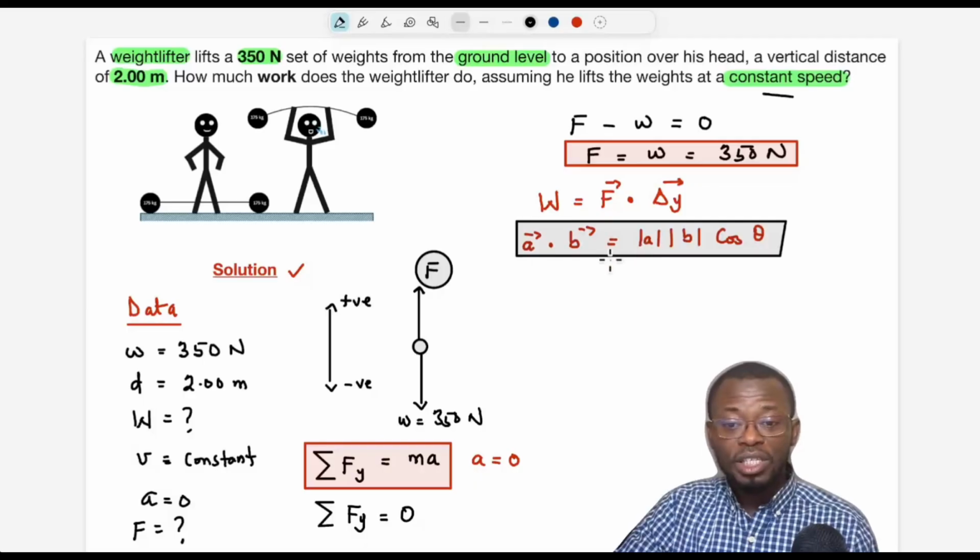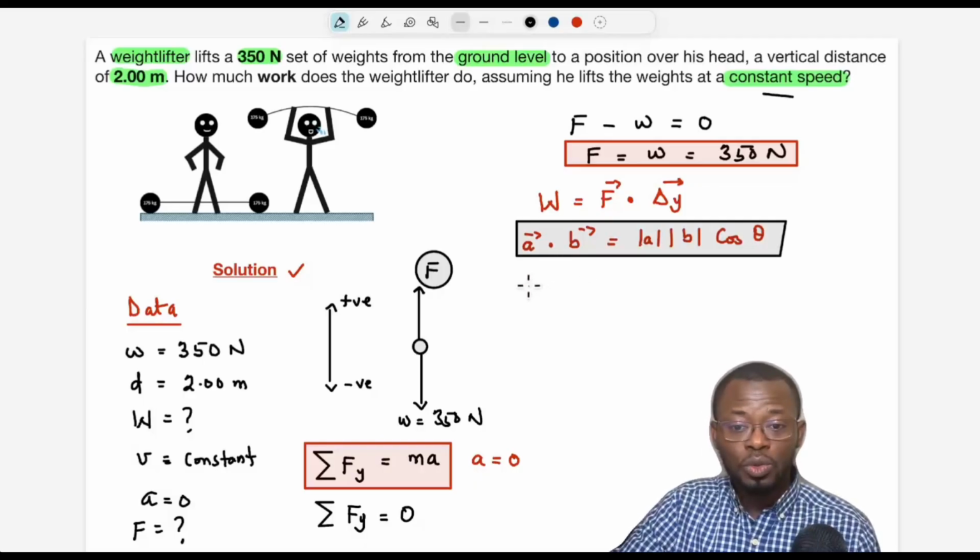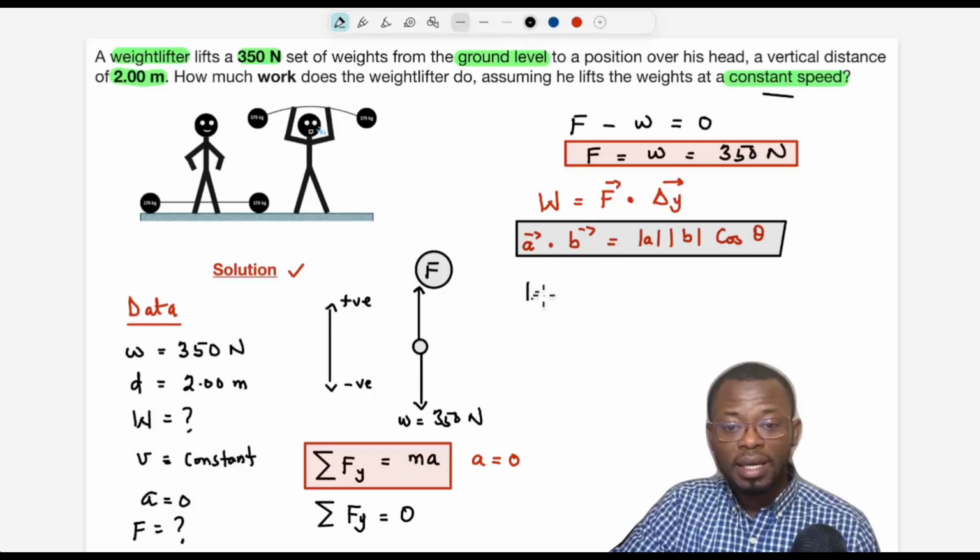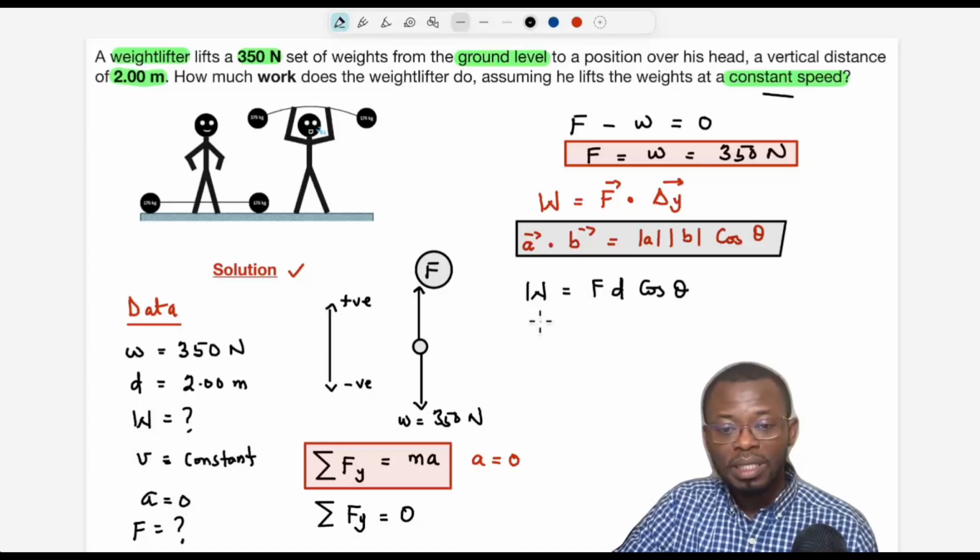So with this definition, we can write the work done as equal to the magnitude of the force, F, times the magnitude of the displacement, d, and then the cosine of the angle between the two. In our case, the displacement is vertically upwards as well as the force applied is upwards, as we just determined from Newton's second law.